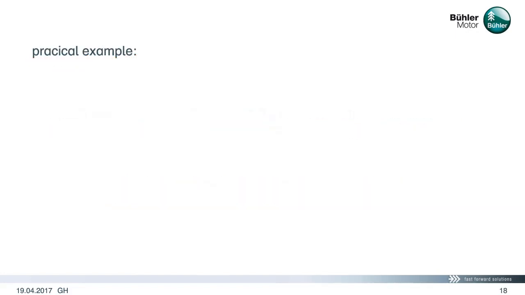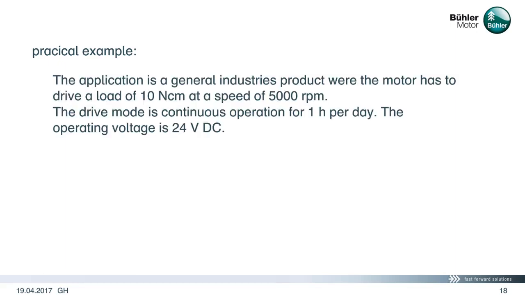I will close this first chapter by a practical example. It will show you in real numbers how the application engineering based on the theoretical learning content works. The example may be an application in a general industries product where the motor has to drive a load of 10 Newton centimeters at a speed of 5000 RPM.